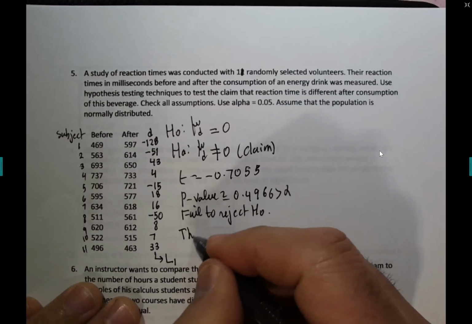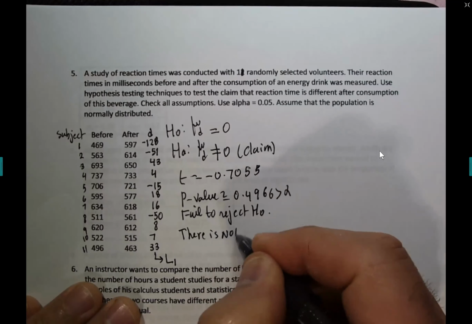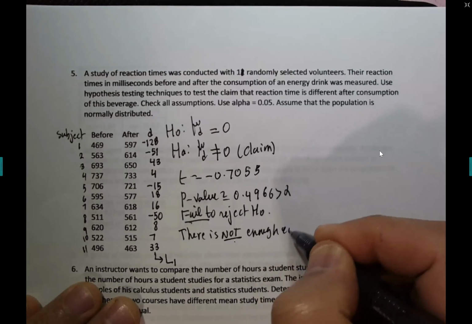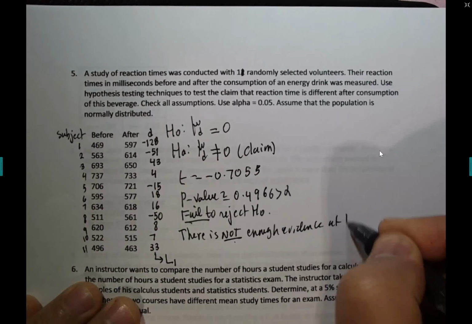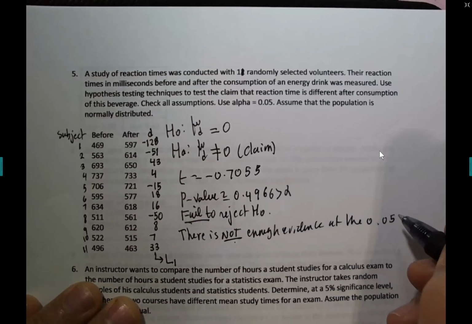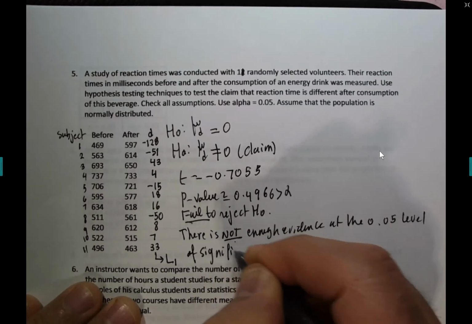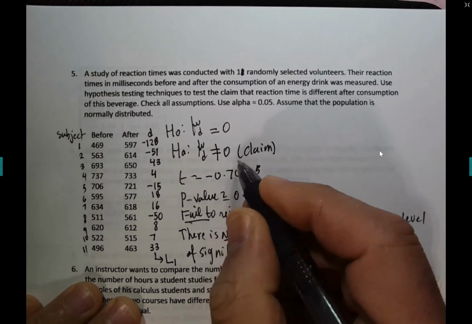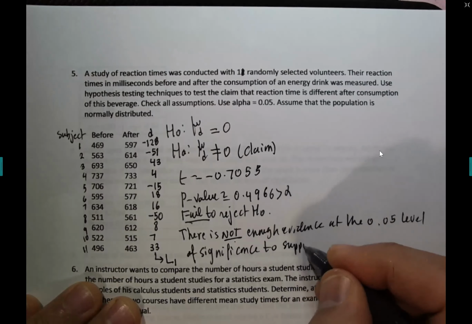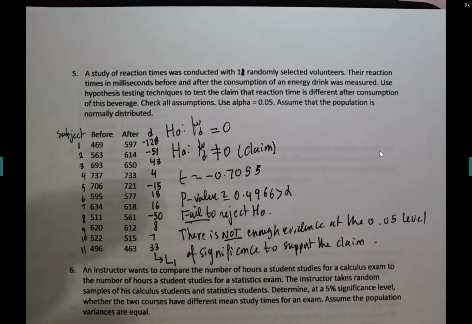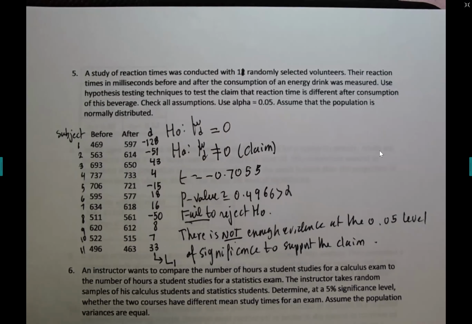There is not, I'll capitalize not, from failed, not enough evidence at the 0.05 level of significance to support the claim that is in HA. We're saying we cannot support the claim, so maybe the claim is wrong. We're saying there is not enough evidence to support the claim. Okay.